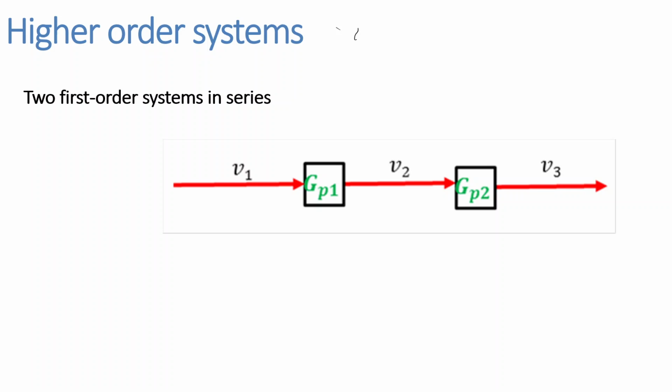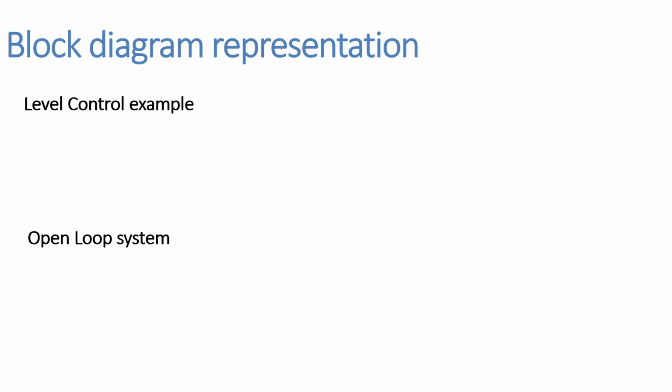Let's begin today's class. In the previous class, we had covered first order systems and second order systems, and when we discussed higher order systems, later on we looked at the block diagram representation and studied it by an example of a level control example, and represented it using open loop as well as closed loop systems.